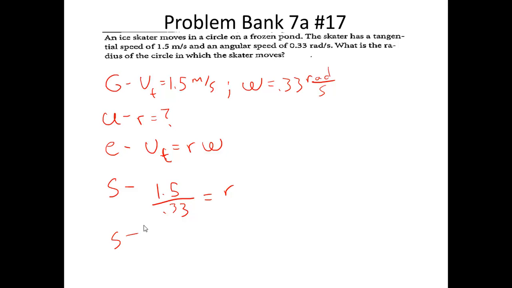And our solution is 4.5 is equal to r. That is 4.5 meters. Here we have meters per second divided by radians per second. We see that our seconds cancel out.